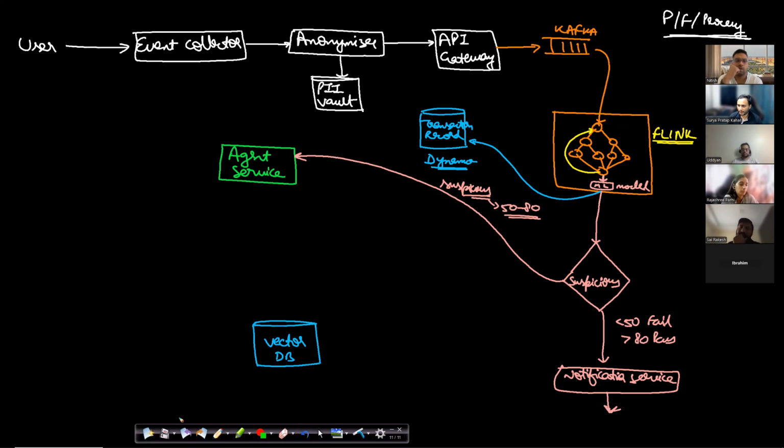But the agent will not take all the responsibility of getting this top K. It will have a retriever service in the middle. What this agent will do is it knows what to do.